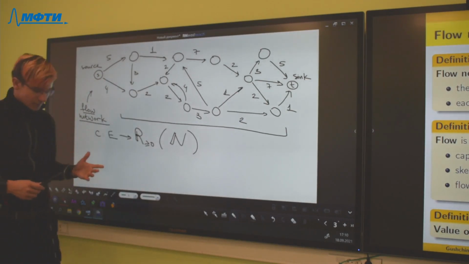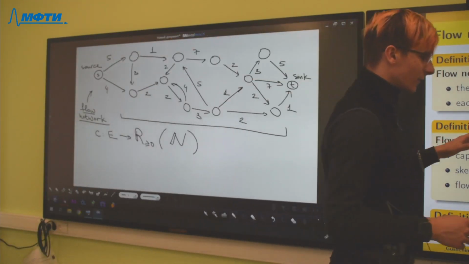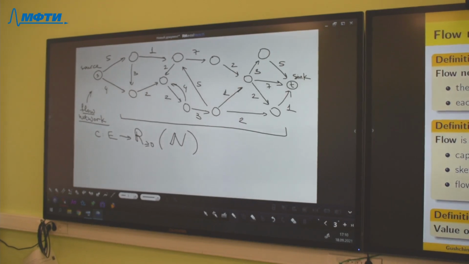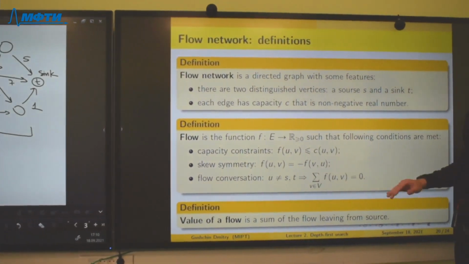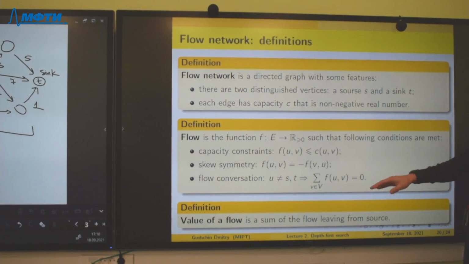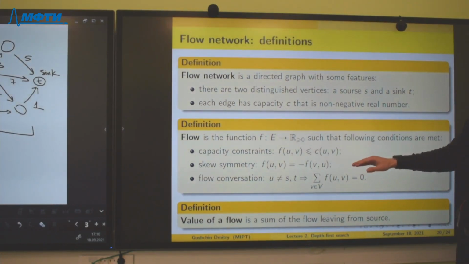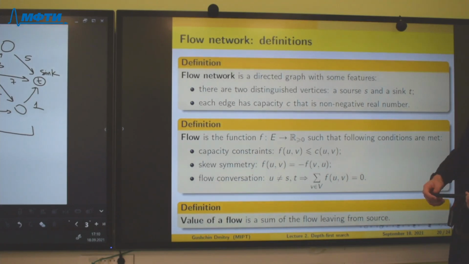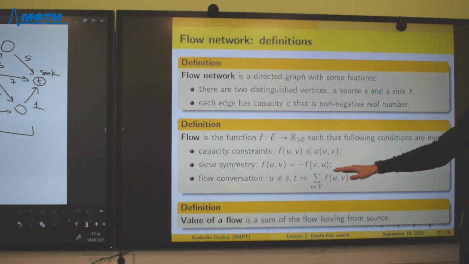So it is understandable that flow cannot be bigger than capacity, and we say that every edge has a flow in one direction equal to minus flow in the other direction.